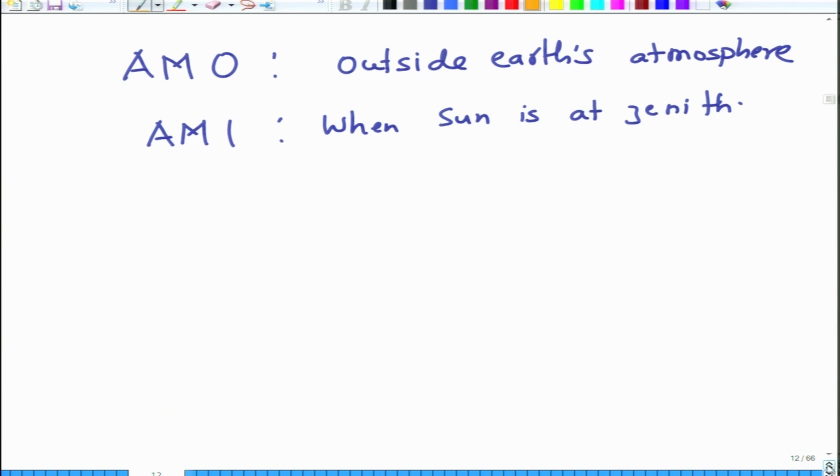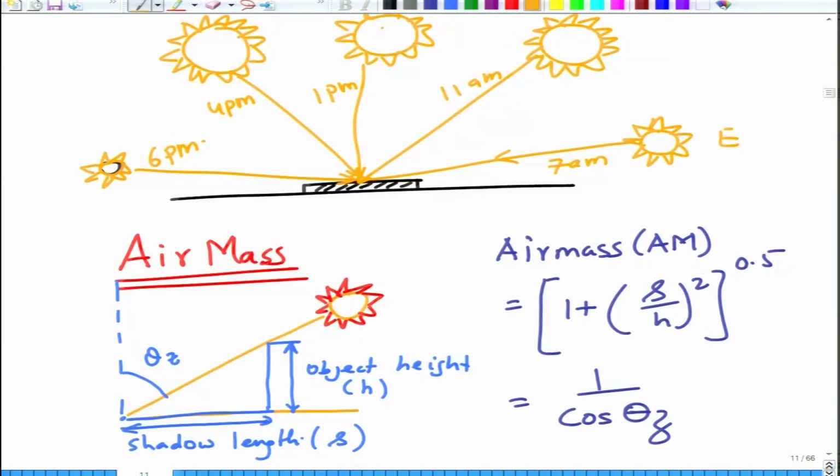So if you now go back to the previous equation, if this is at zenith, the shadow length will be equal to 0. So this would give you AM1, and as I said, AM0 would basically mean, 1 over cos theta is undefined, because cos theta can take values between 0 and 1.